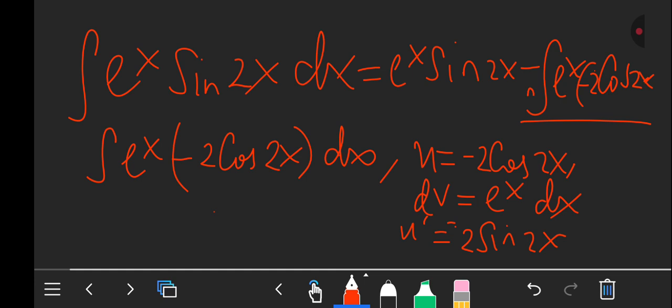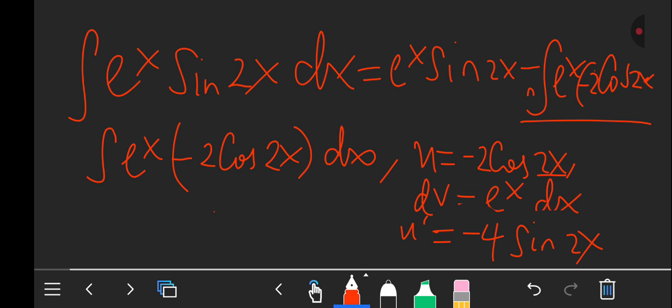What is the derivative of 2x? That will be just 2. So I'll multiply by the 2 I have initially there. So what I'll have is actually negative 4 sine 2x. That is what I'm going to have.